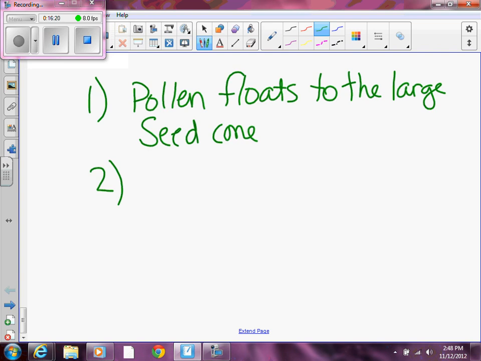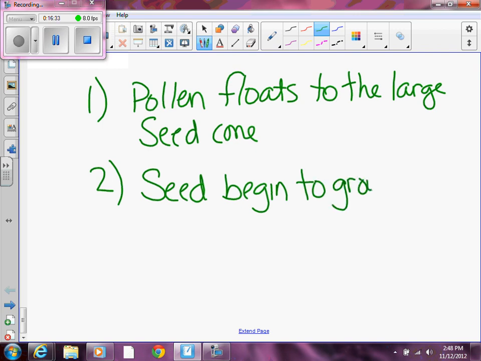Sophie? What does the seed do? Not the seed, the pollen sticks. It goes to the seed cone and it sticks there, and then a seed begins to grow, right? What happens next? Once that seed begins to grow, guys, what happens next?